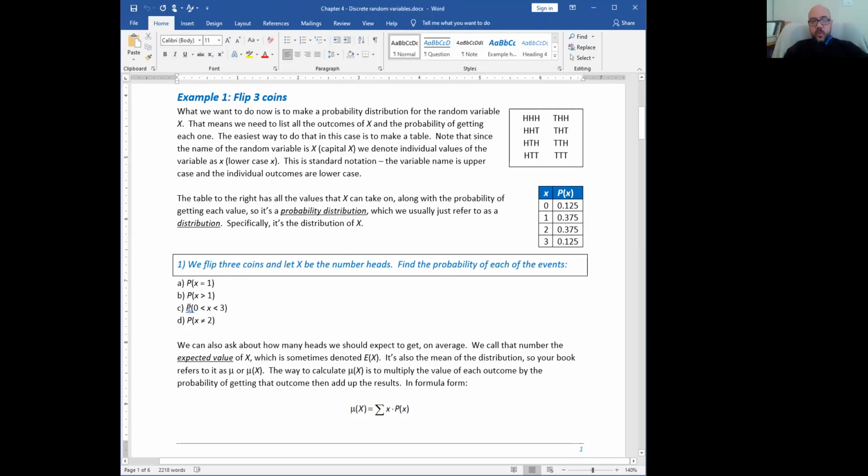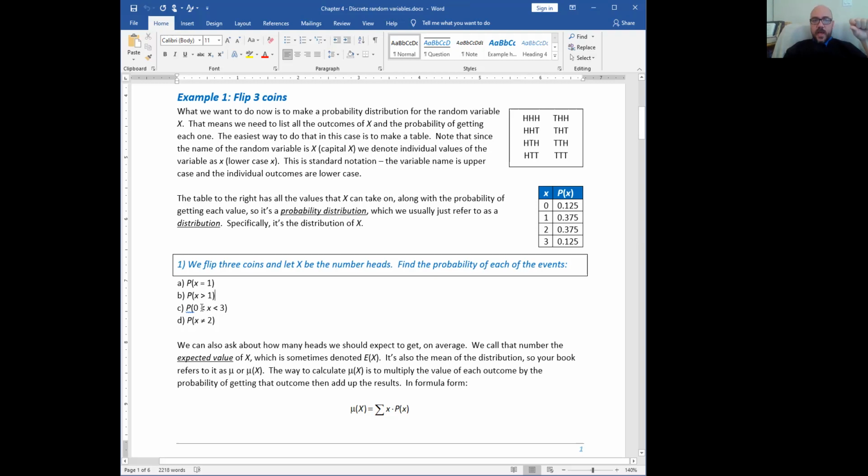Probability that x is between 0 and 3. You can read this, by the way, as 0 less than x less than 3, but that's awkward and it doesn't trigger in your brain the idea that you want it to get across. The way I want to read this is the probability that x is between 0 and 3, not including 0 or 3. I'm trying to give my brain the intuition necessary to easily identify which outcomes I'm interested in here, right?